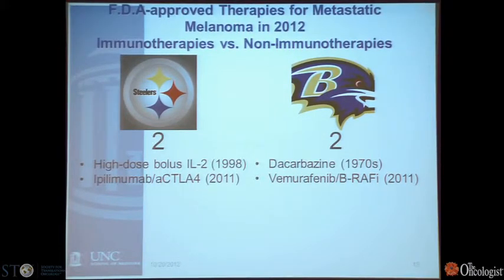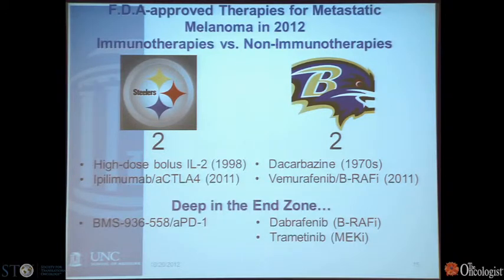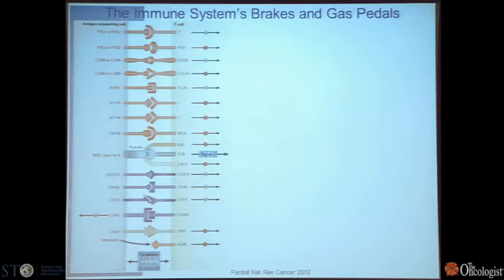As you can see, two immunotherapies and two non-immunotherapies have been FDA approved so far. Again, it's evidence that this cancer is not only amenable to chemotherapies or molecular targeted therapies, and the fact that some immunotherapies have been effective tells you something about the biology of this cancer. There are equally other types of therapies, both immunotherapies and non-immunotherapies, coming to the surface that may most likely be approved.